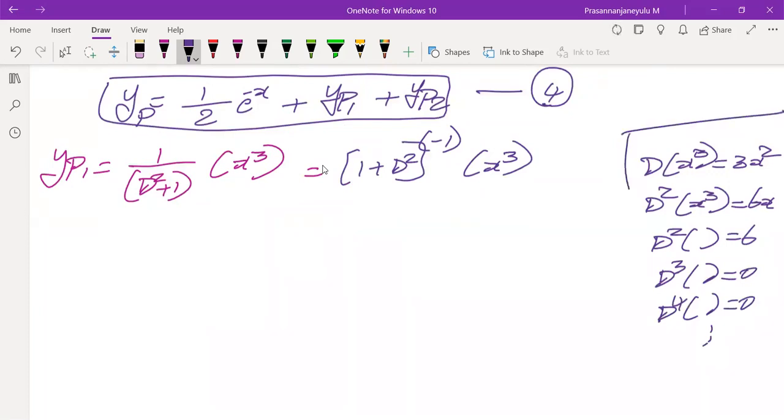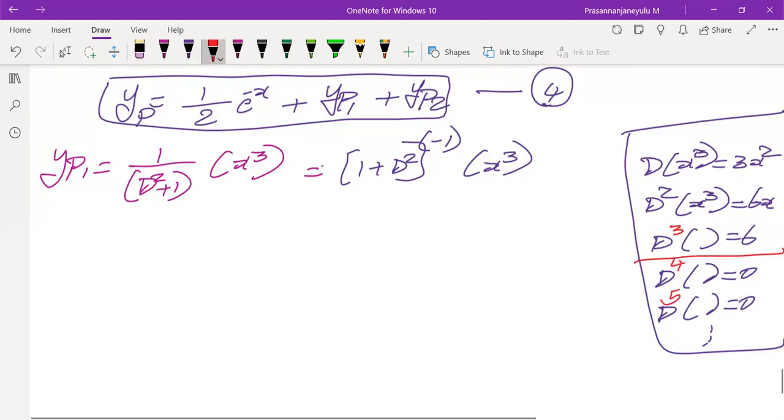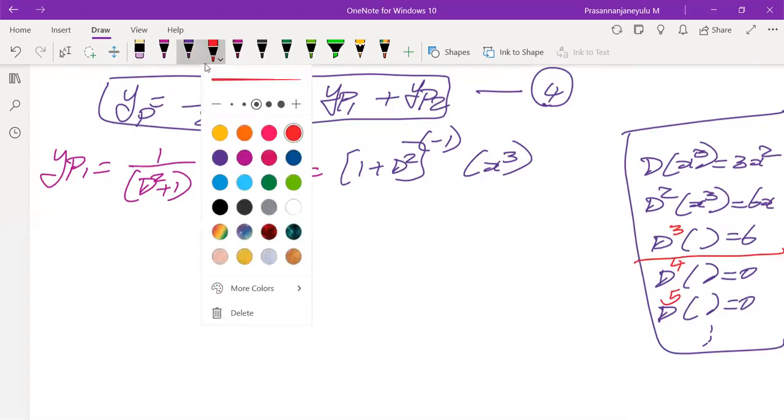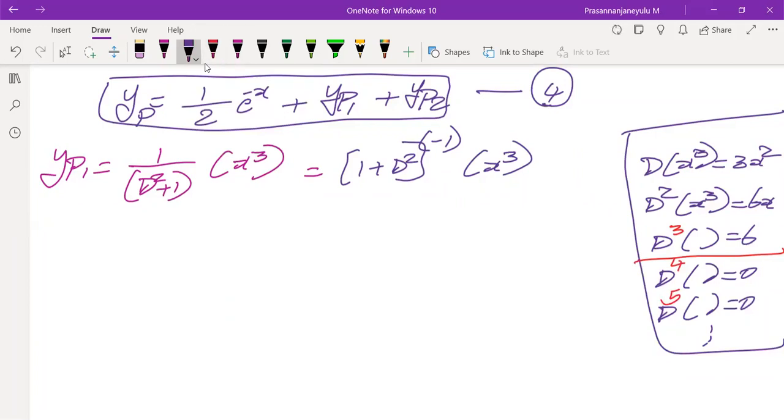So we have to take up to, what is that? Sorry, this is D cube, I made a mistake here. This is D cube, D power 4, D power 5. Up to the third derivative exists. So because of that reason, we have to take up to whole power 3.